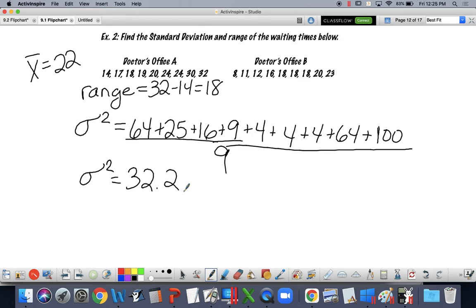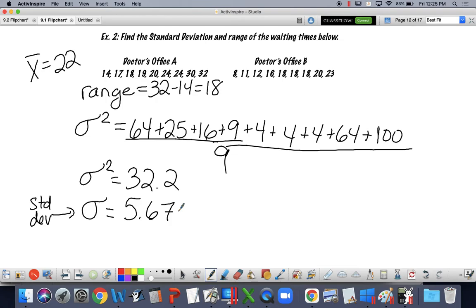So in order to calculate the standard deviation, this is the thing that I usually want, I have to take the square root of this number. So I take the square root of 32.2, help me out. 5.67.